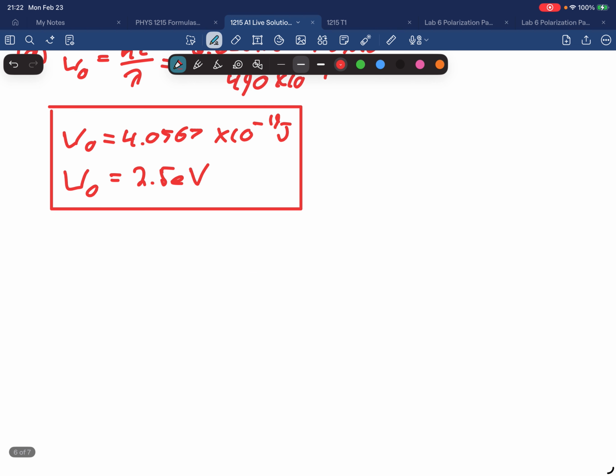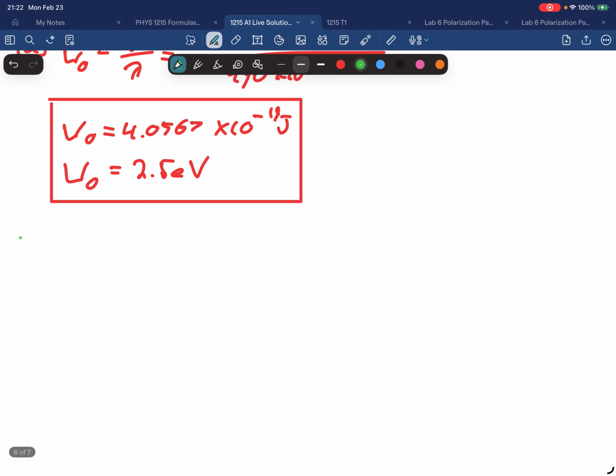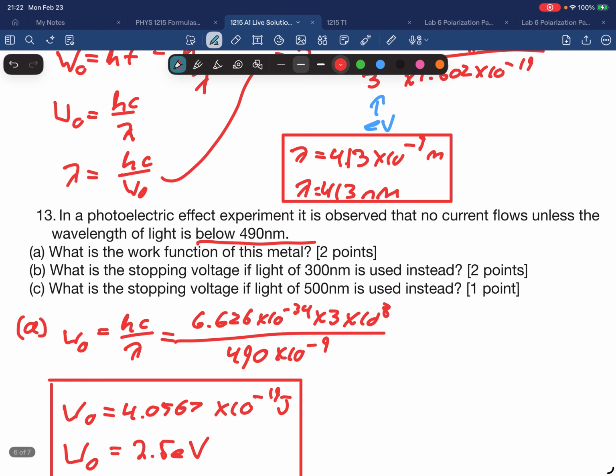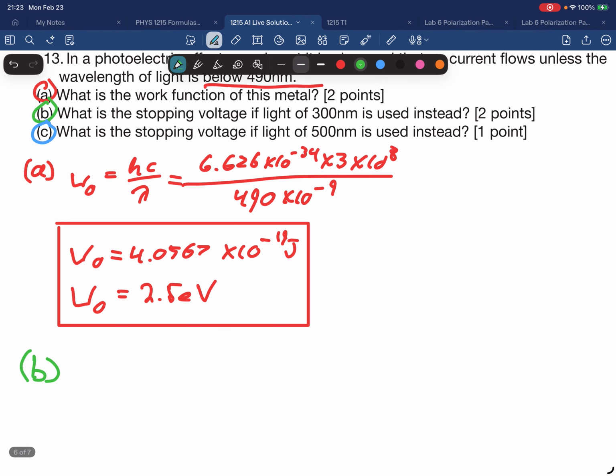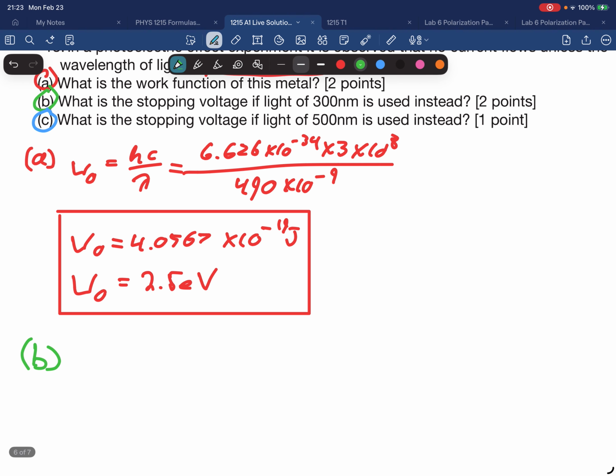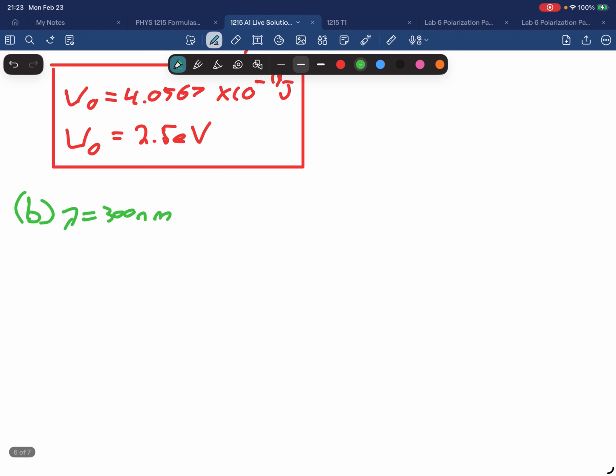So, now for part B. I'll color code these parts here. Each of them will get a different RGB. So B, what is the stopping voltage if light of 300 nanometers is used instead?